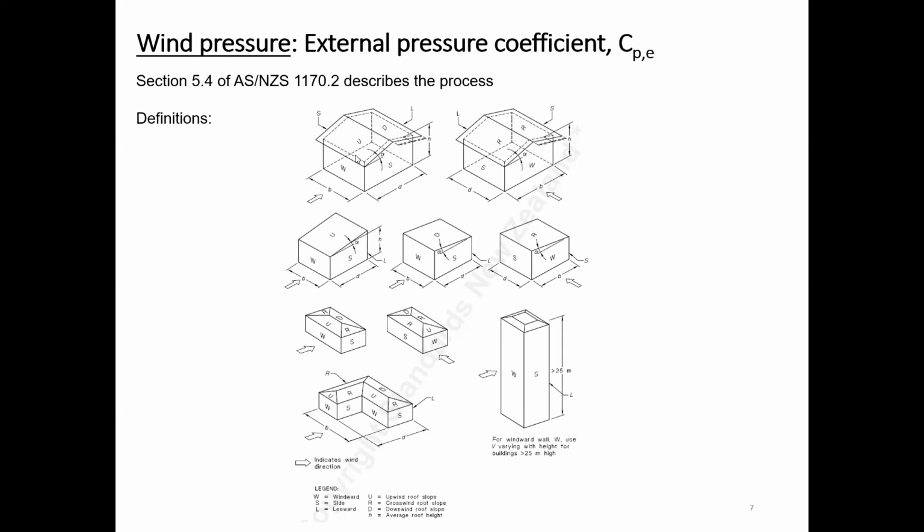Upwind slope, that's what they call upwind roof slope. This is the downwind roof slope on the other side. And you've got the average roof height. The average roof height is obviously halfway between the ridge, the apex, and the bottom of the ridge here. So those are some definitions for these factors that we need to consider to determine our external pressure coefficient.